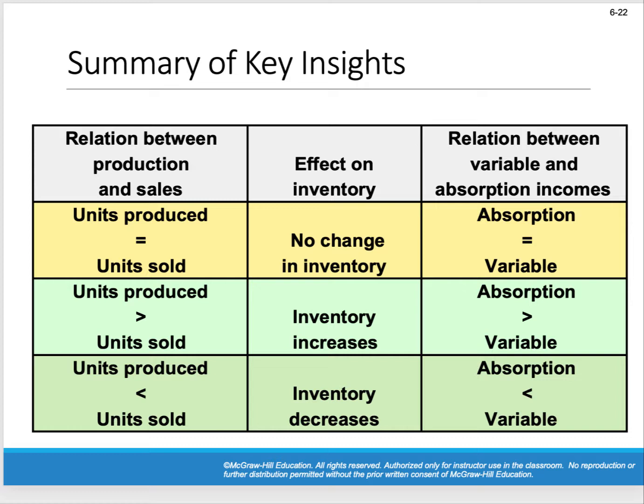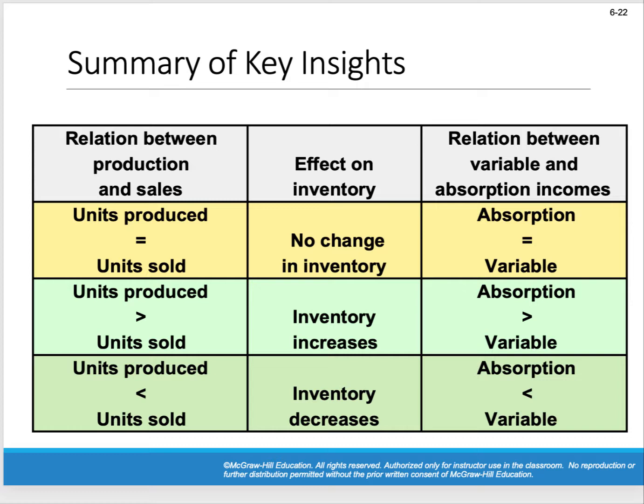Then we look at the second example. What happens if the units produced are less than the units sold? Meaning we produce 25,000 units, but we actually sell 30,000 units. Our inventory decreases. Why? Because we only produced 25,000 units and sold 30,000. That means we took 5,000 units from our inventory account and sold those.